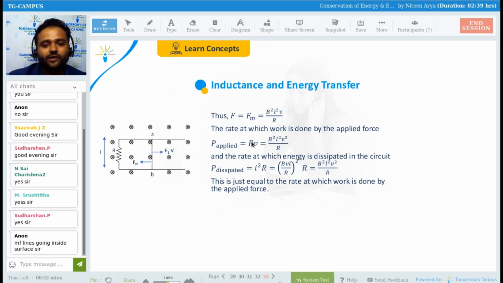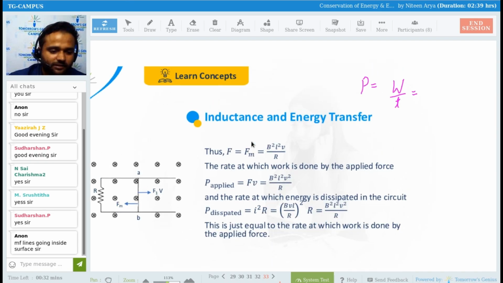So the rate at which work is done by the applied force, that is P applied, equals force into velocity. Now this relation is very easy. Power equals work done over time taken. Work is force into displacement, upon time.